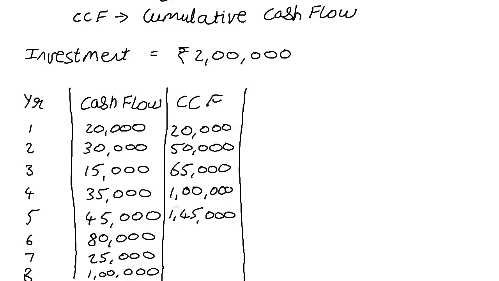And 1 lakh 45 plus 80 gives me 2 lakh 25. You all can do all of this on the calculator. And 2 lakh 25 plus 25 gives me 2 lakh 50. And 2 lakh 50 plus 1 lakh gives me 3 lakh 50,000.